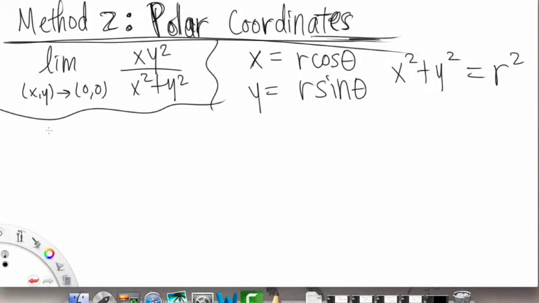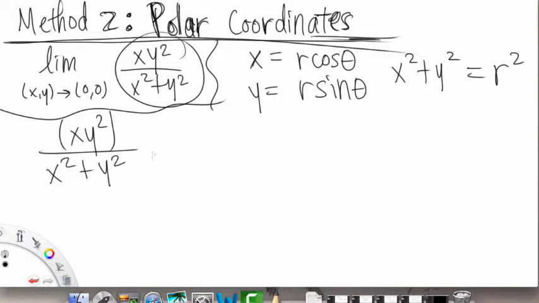Let's plug in xy squared over x squared plus y squared. What we're basically doing is rephrasing our f of x, y into f of r, theta. So that's what we want. The way we would rewrite this in polar coordinates is replacing every x that we see with an r cosine theta.